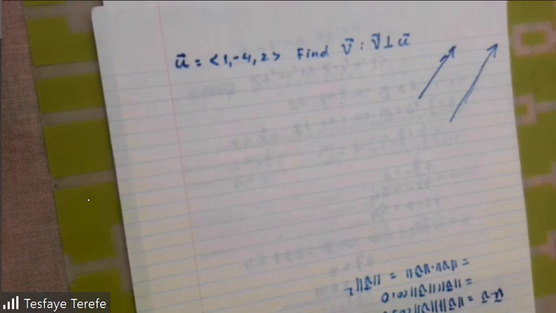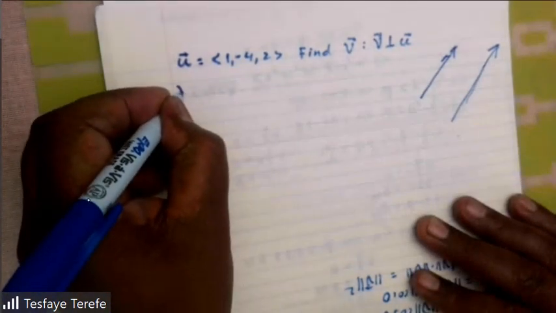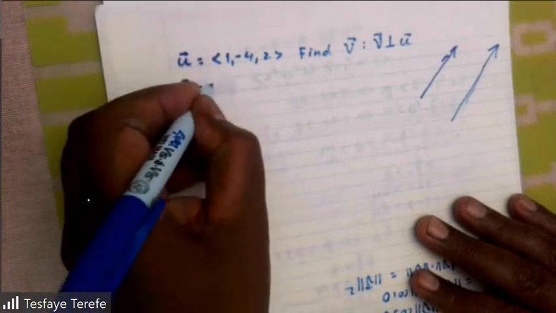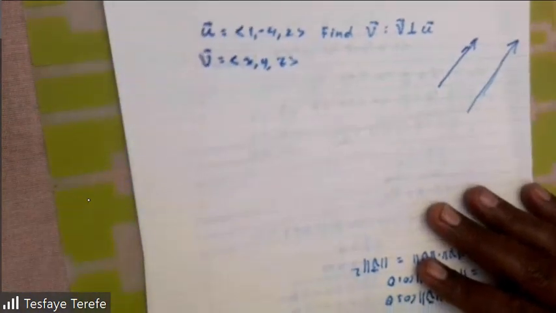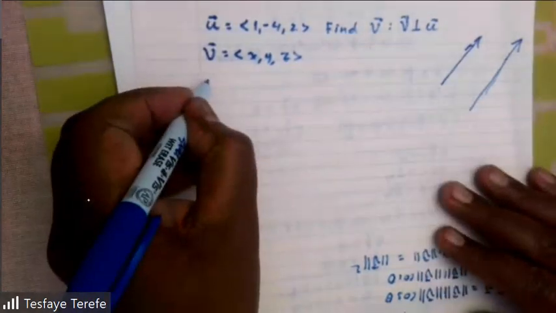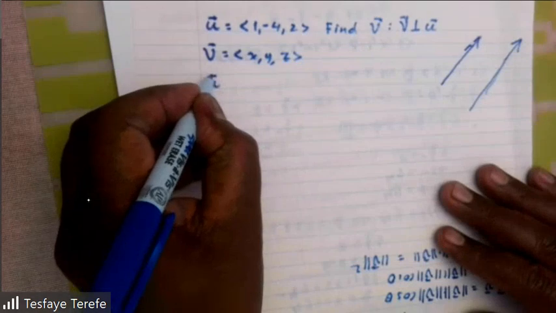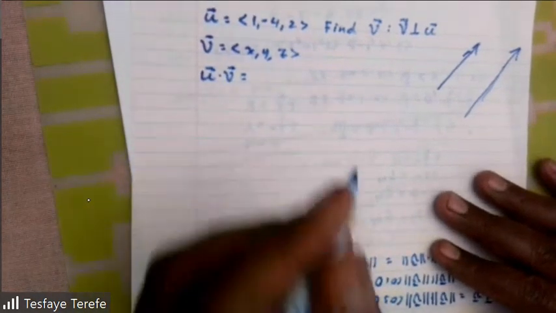And that doesn't help. But can we find vector v, which has components x, y, and z, just like what we did, yes? Then if these two vectors are orthogonal, what happens?